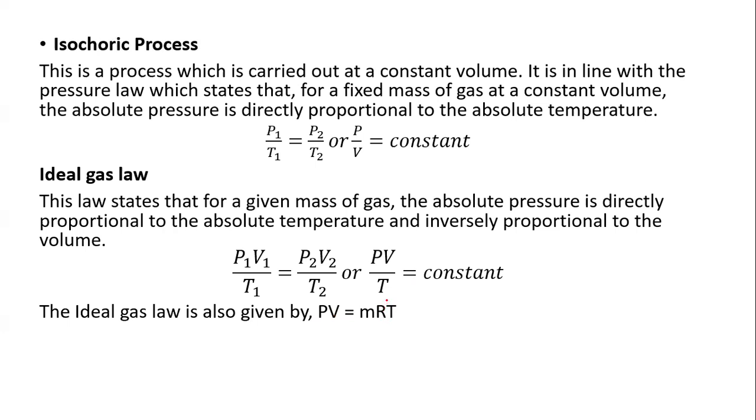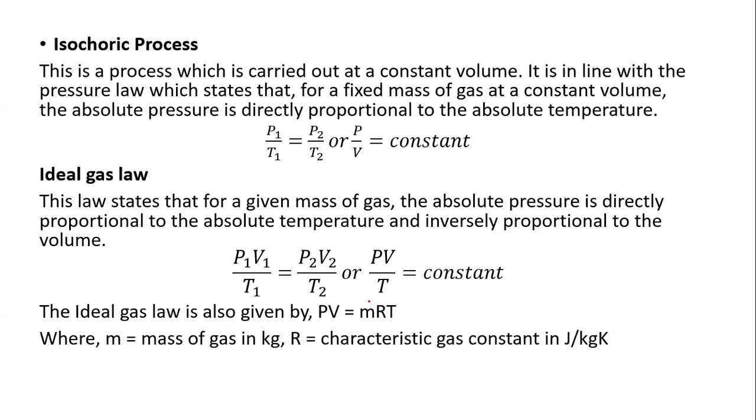R is the characteristic gas constant, and M is the mass of your gas. The mass of a gas is supposed to be given in kgs as per standard. So PV equals MRT. Here we're simply emphasizing what those stand for.